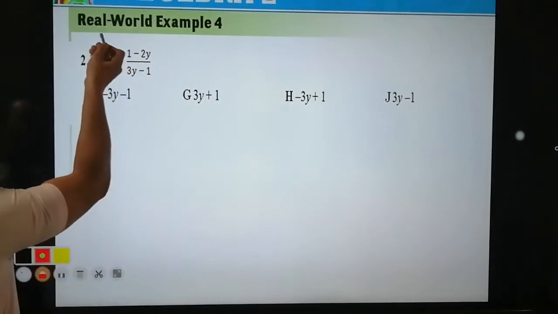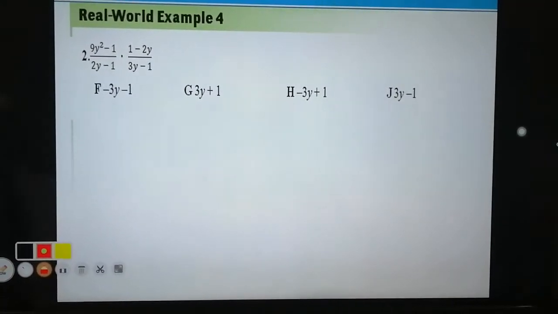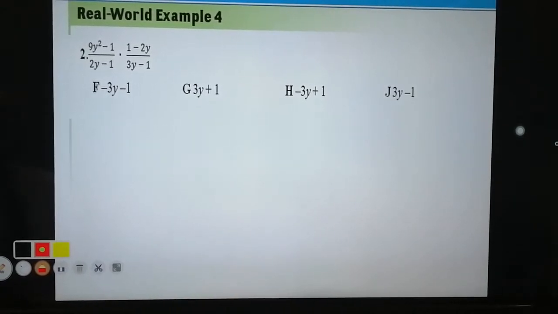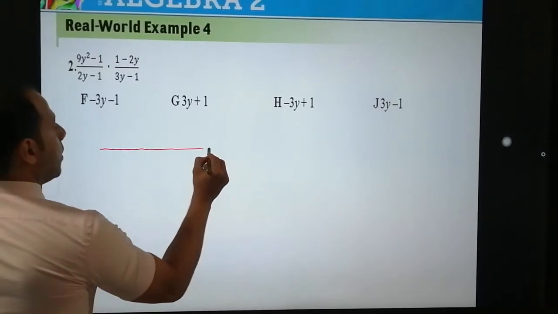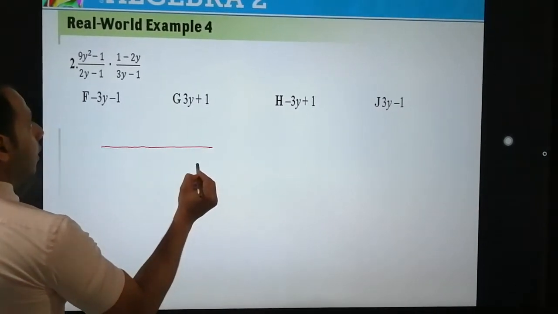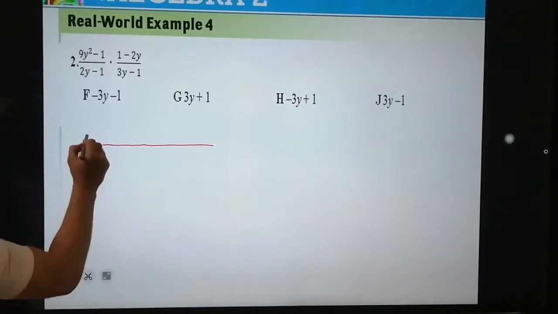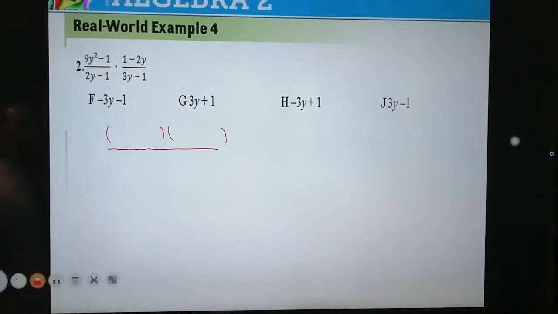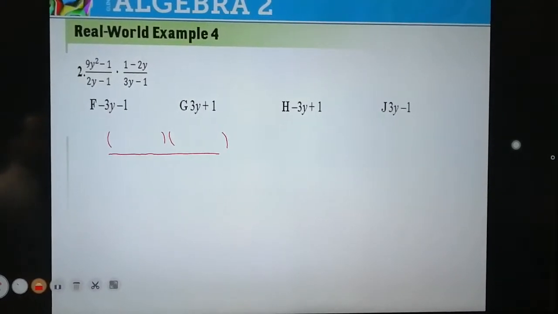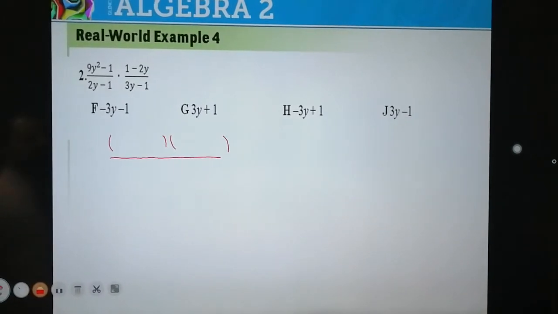We start from the first expression, 9y squared minus 1 over 2y minus 1. What do we have here? Excellent, a difference of two squares. It is a binomial where the first term is a perfect square and the second is a perfect square, since 1 is a perfect square.